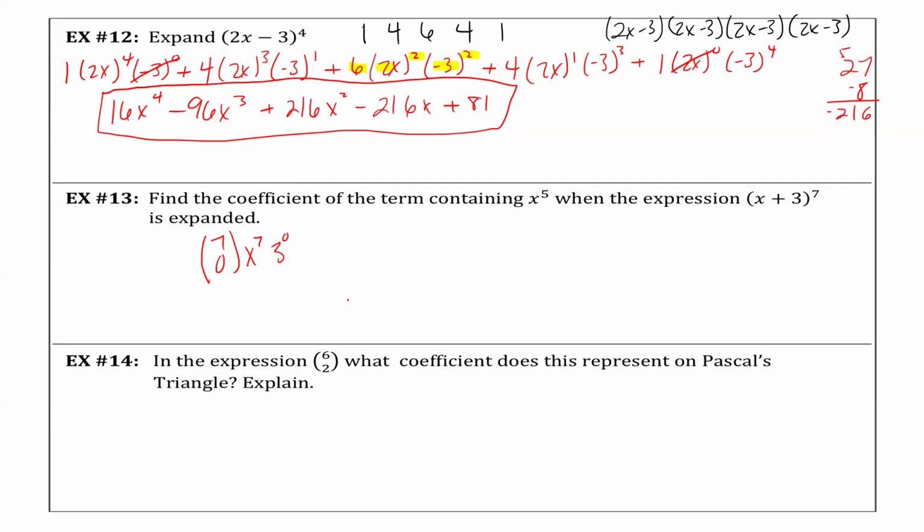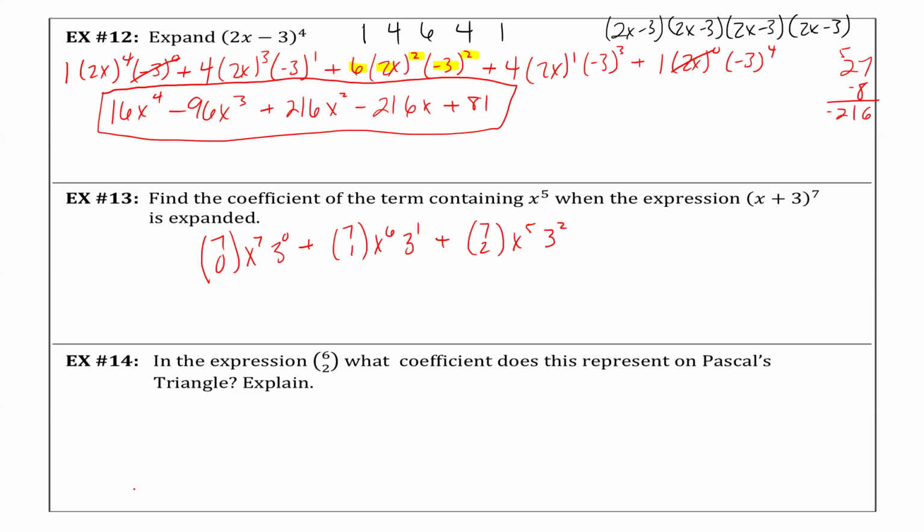So instead of having to go back and say, oh man, I got to go all the way down on Pascal's triangle, no, you don't. That's where the binomial coefficient theorem comes from. Okay, now we're going to do 7 over 1, x to the 6, 3 to the 1. Are you still with me? Plus 7 over 2, x to the 5th, 3 to the 2nd.